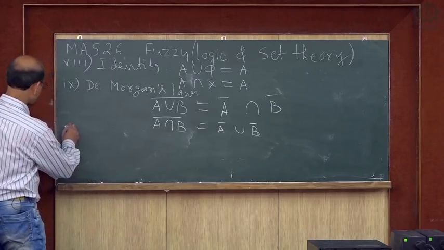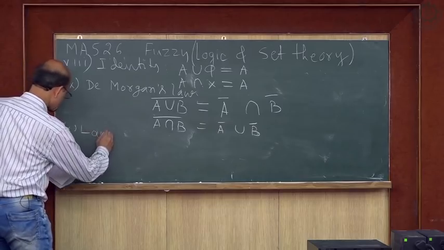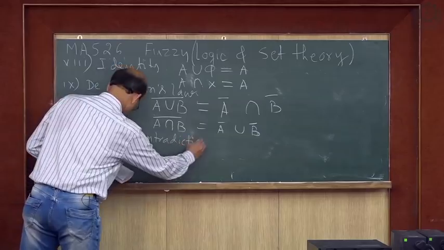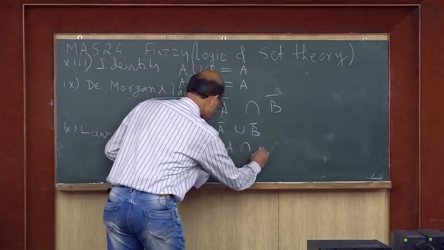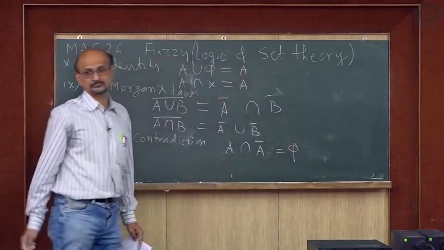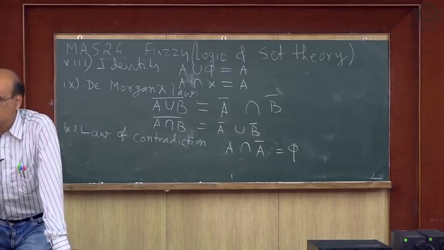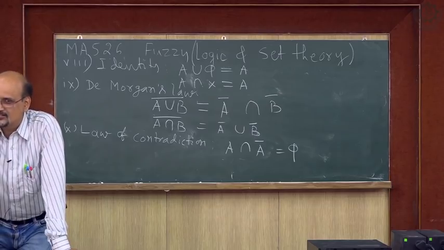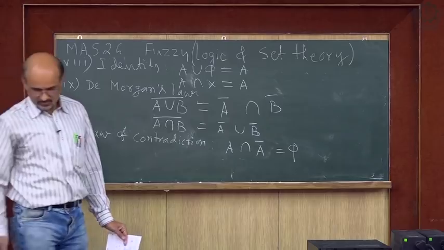Now, we have law of contradiction. Law of contradiction, that is A intersection A complement is your phi, null set. Again you will see this is different in fuzzy set theory. Okay?